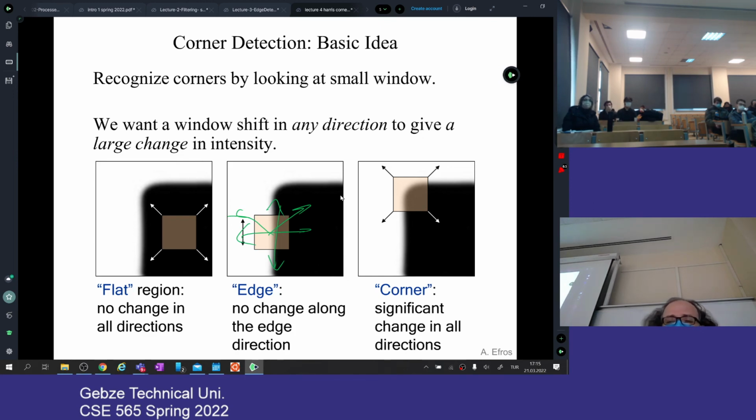No change along the edge direction. There is a very special direction. If I move in that direction, it will not give me any changes. That's an edge region. The most interesting one is this region. In this region, if I move left, right, up, down, it doesn't matter. When I move my window, everything changes. Everything changes. Let's look at this one.